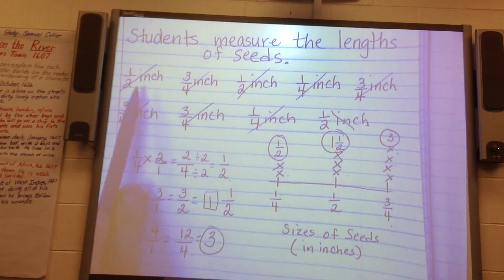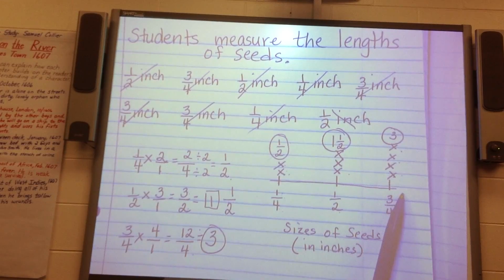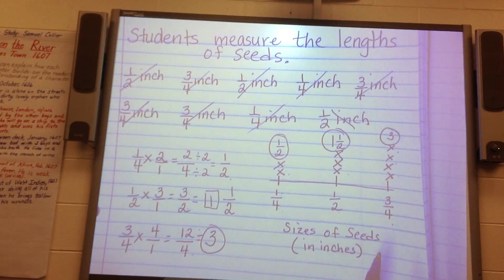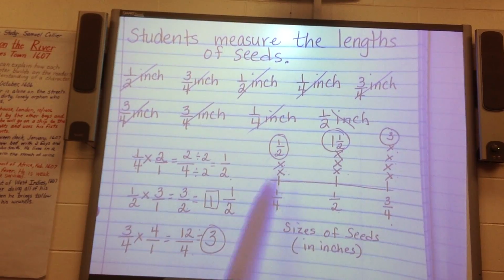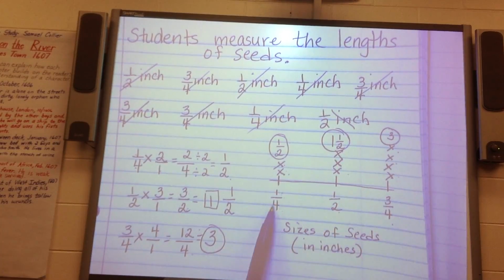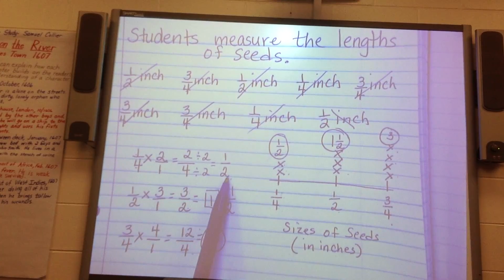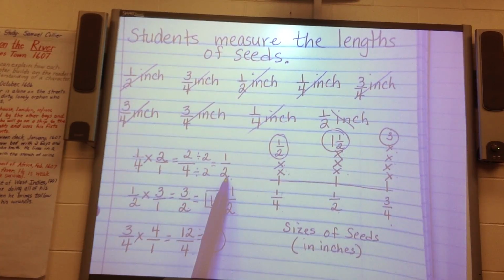So when you are doing problems at home, what you'll need to remember to do again is to first take your data, place it with X's on your line plot. And by the way, make sure your line plot has a title. Then look at each amount on the bottom of the line plot and multiply that amount by how many X's you got. Don't forget to simplify.